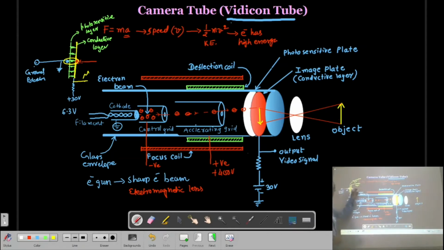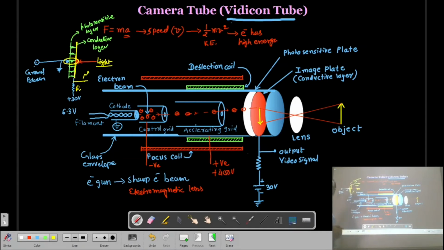If the intensity of the light increases, then the resistance will decrease, so you will get more voltage drop across this resistance R.